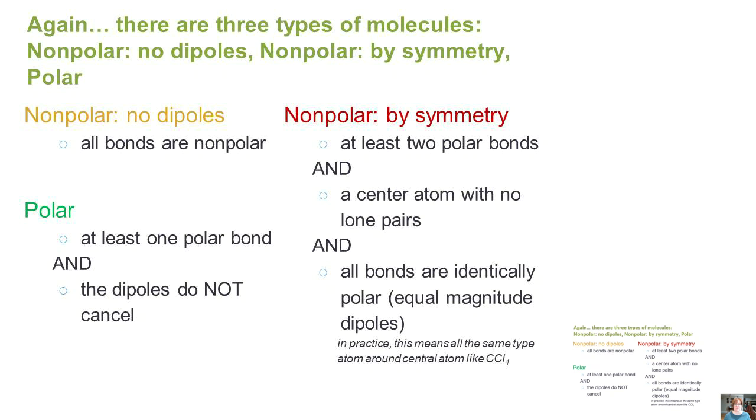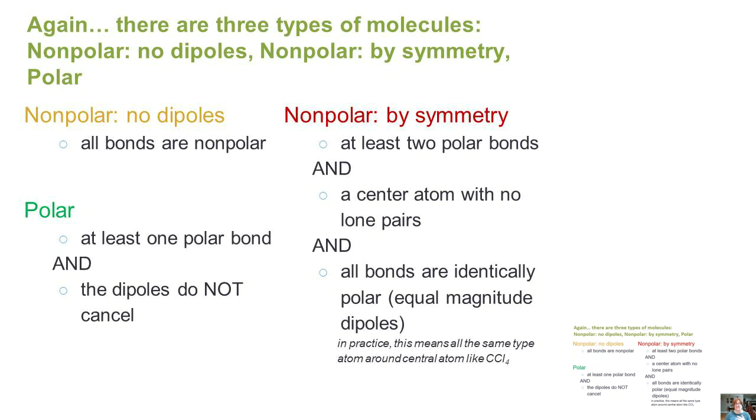And just to reiterate, there's 3 different kinds of molecular dipoles. I can have nonpolar, or no dipoles, and there's 2 types of them. There's ones that are nonpolar because there are no polar bonds. There are no dipoles. All bonds are nonpolar. And then I can have nonpolar that's canceling due to symmetry.